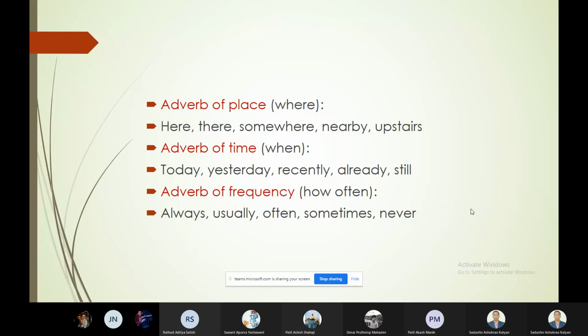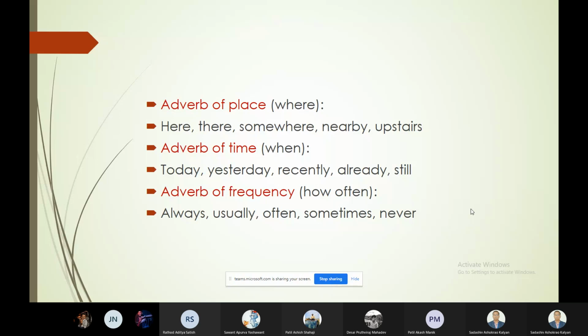So here the word there is trying to suggest the place. Words like here, there, somewhere, nearby, upstairs suggest the exact place, exact location, exact venue. That's why it is called the adverb of place.